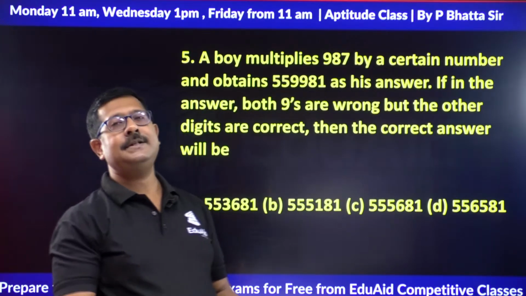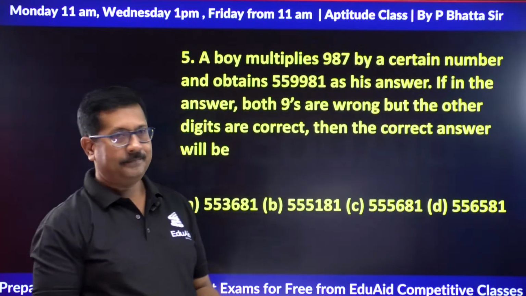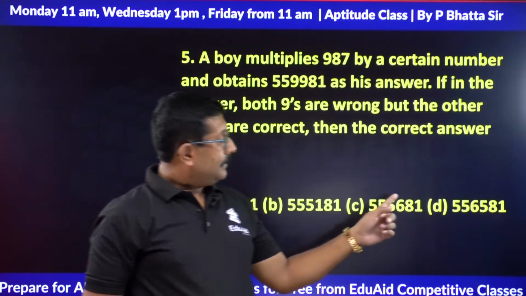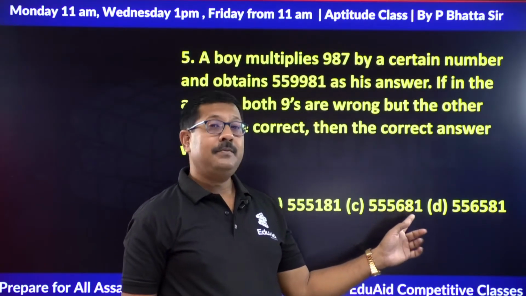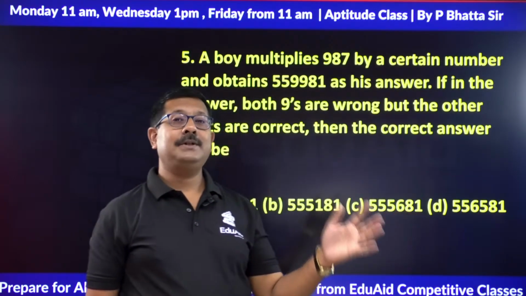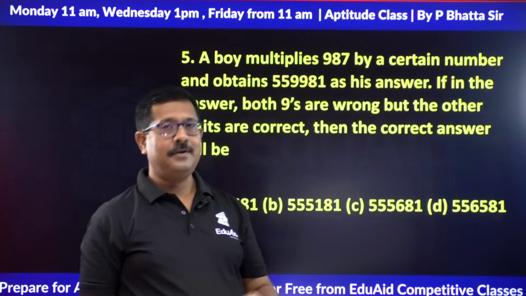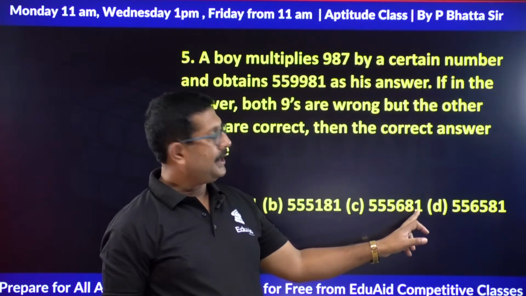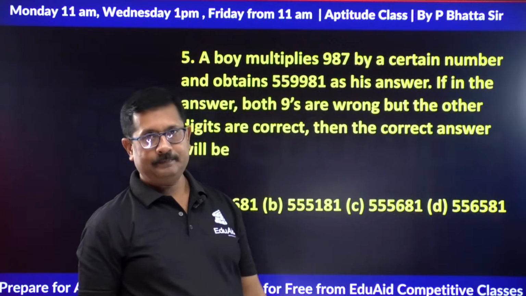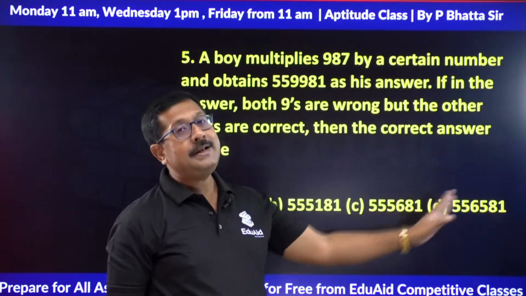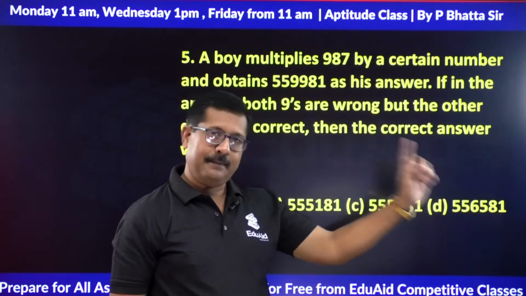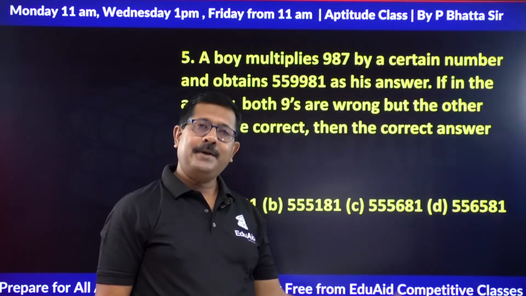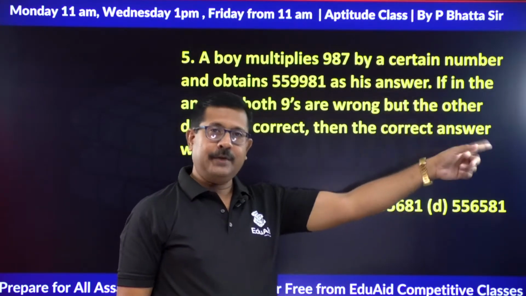What is the divisibility condition of 7? You remember that 555681 is the number. You have to see whether it is divisible by 7 or not. So first you check the units digit. It is 1. After that you omit that units digit.